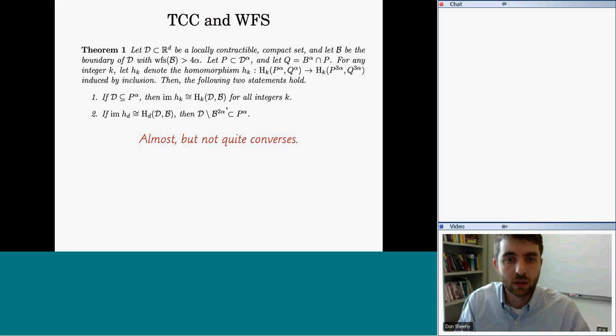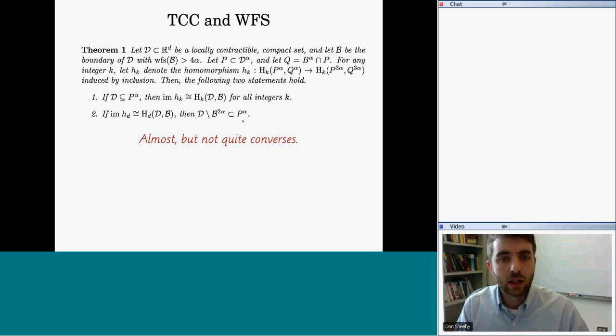This is how Fred and Andre stated the result, but it follows pretty easily from their result. And this one is now the homological sensor network result, which says if the homology of D is equal to the homology of (D, B), then you have this coverage.